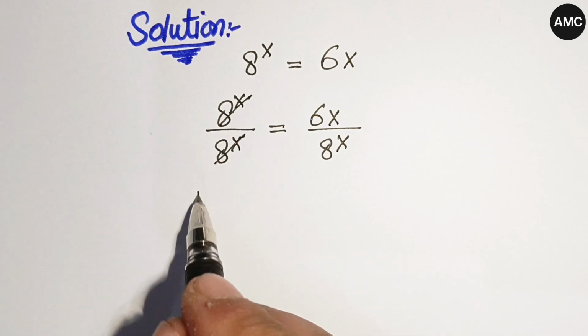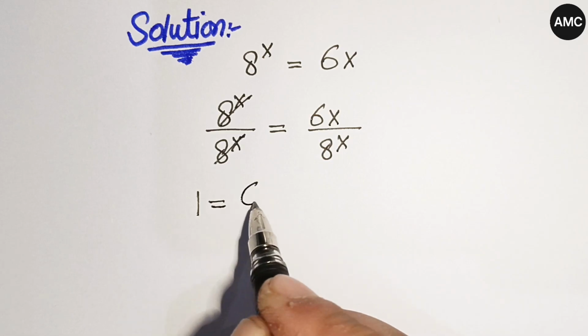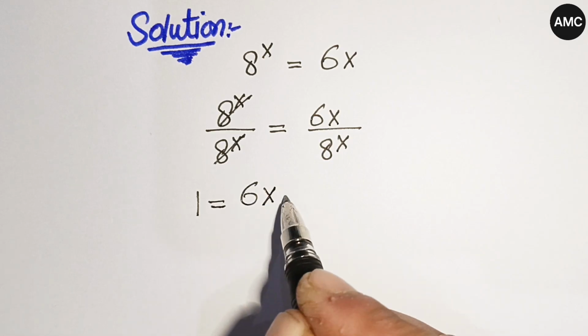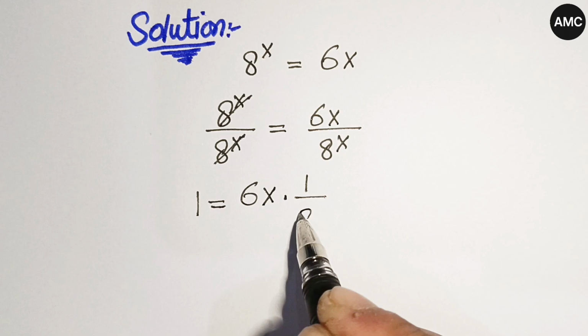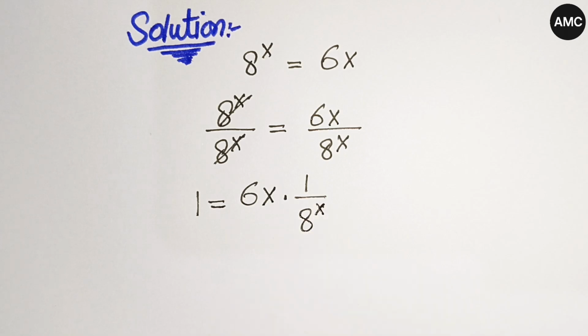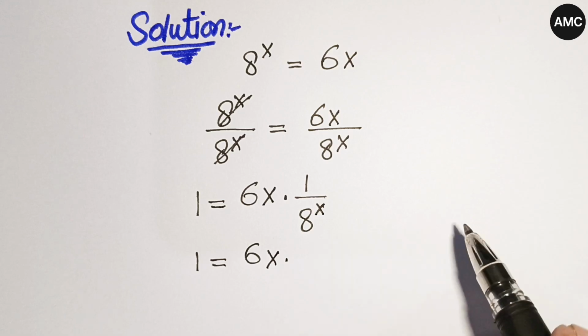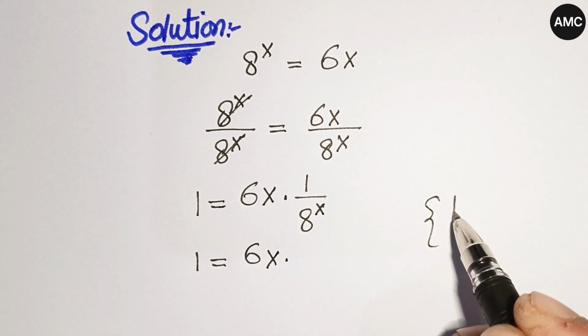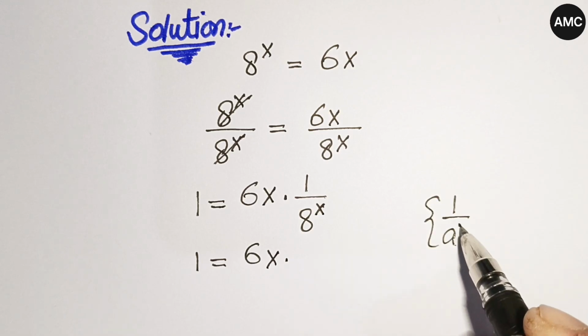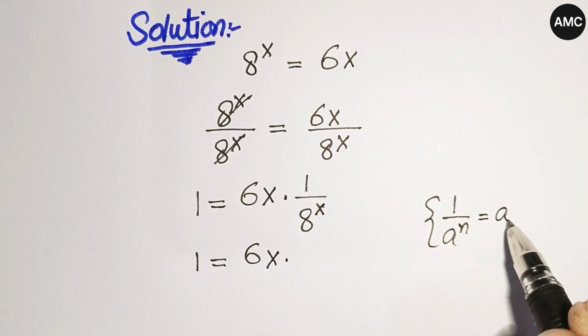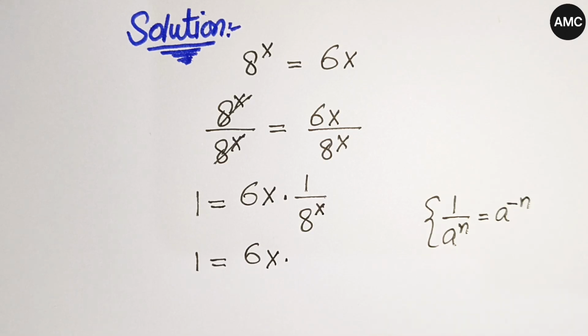So we get 1 equal to 6 times x times 1 over a to the power x. So 1 is equal to 6 times x, and this 1 over a to the power x can be written, by the algebraic identity 1 over a to the power n equals a to the power minus n, as a to the power minus x.